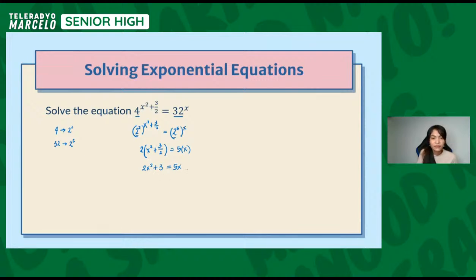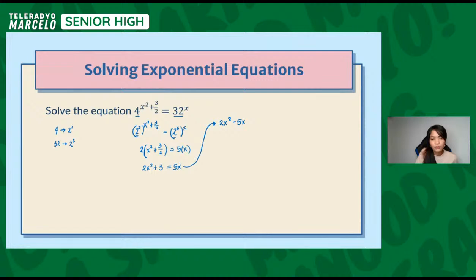And then, as you can see, our resulting equation will be a quadratic equation. So we all know that we can solve for the values of x in quadratic equations by factoring method. So we can do that if we rewrite this in its standard form. So that will be 2x squared minus 5x.